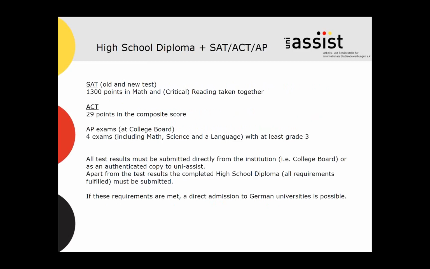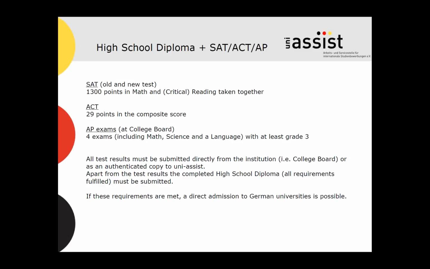If you want to apply directly without going to Studienkolleg, then the high school diploma alone is not sufficient. You need, for example, SAT with at least 1,300 points in math and critical reading.